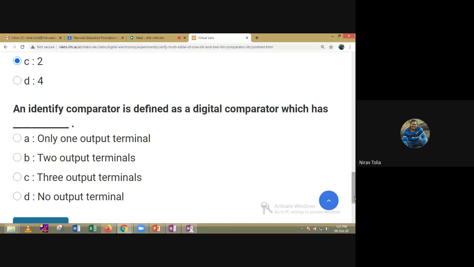The identity comparator is defined as a digital comparator which has only one output terminal, two output terminals, three output terminals, or no output terminals.